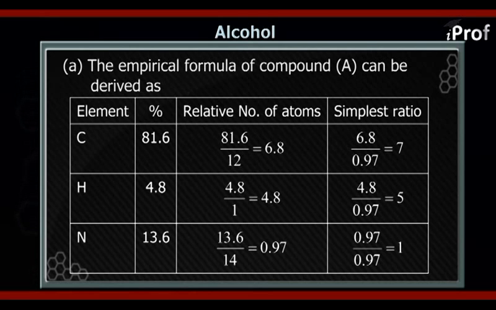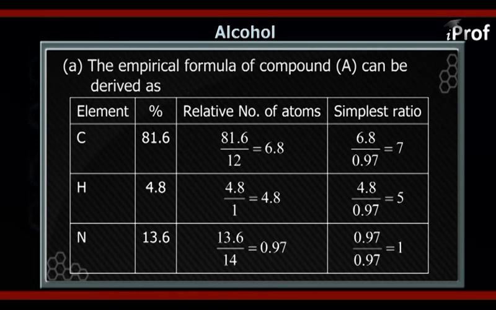In simple words, you divide the relative number of atoms by the lowest relative number of atoms.